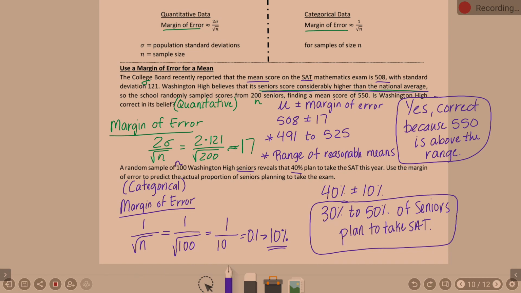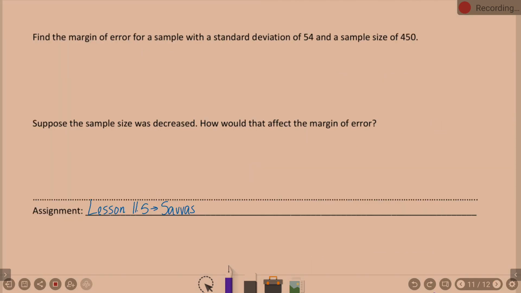As you look at that next example, it says find the margin of error for a sample with a standard deviation of 54 and a sample size of 450. In this situation, they didn't really give us a lot of information about this data, did they? But what did they give us? A standard deviation. So which formula are we going to use?